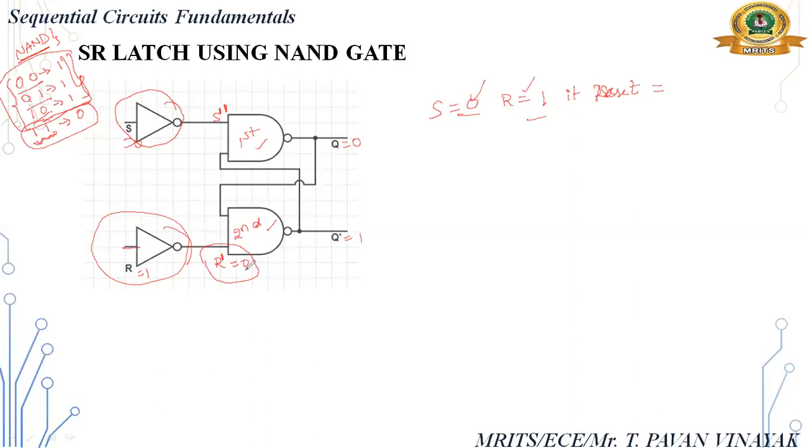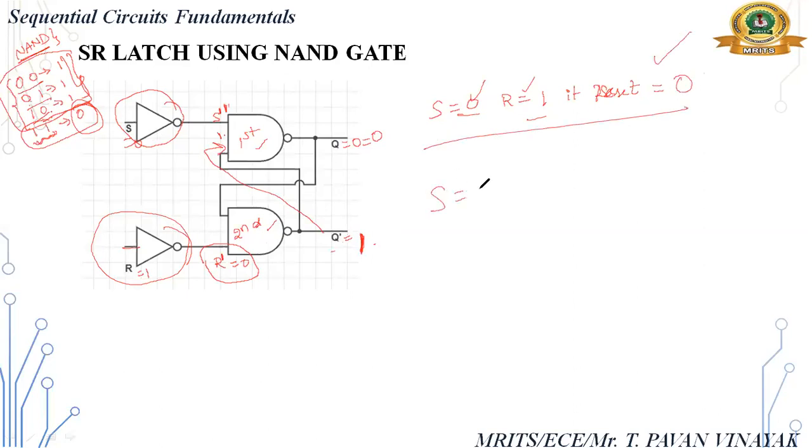R bar 0 means NAND gate output is 1, right? This will go to here. So 1 1 means 0. So Q is 0, Q bar is 1. So reset condition has occurred.